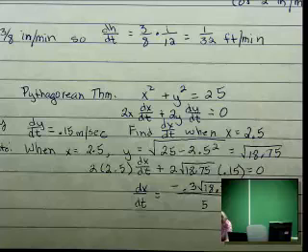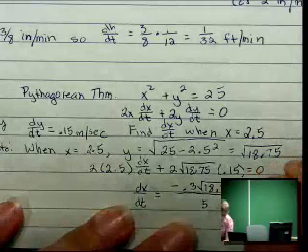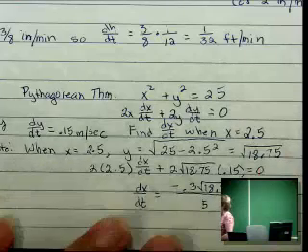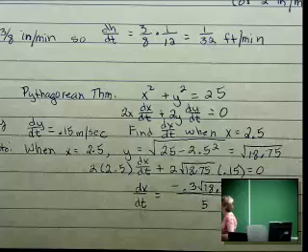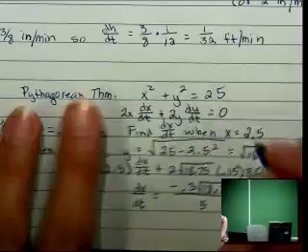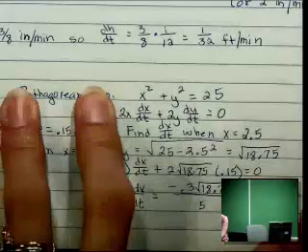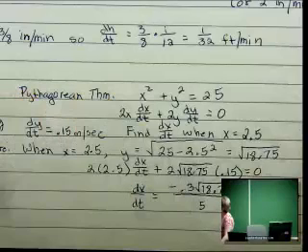Negative 0.26. And what are the units on that negative 0.26? Meters per second. And I'm so happy to have the answer in the back of the book. I don't care what it means.